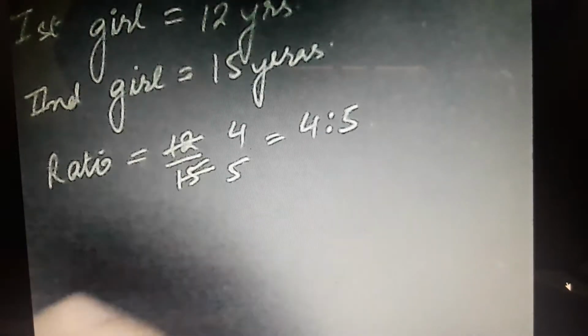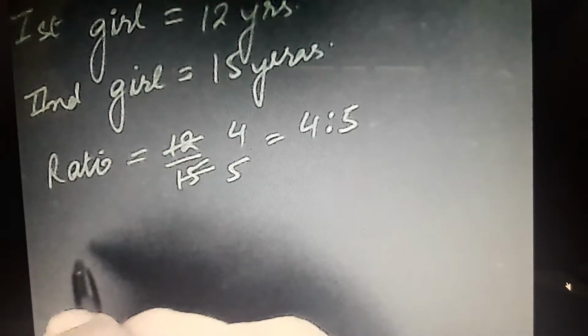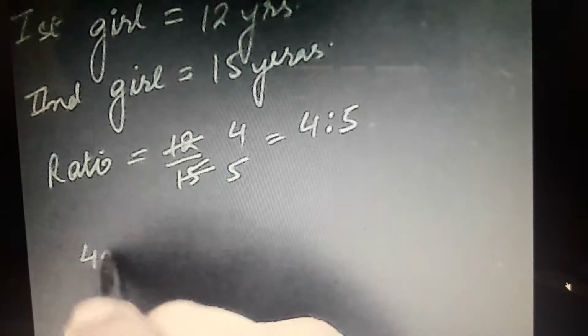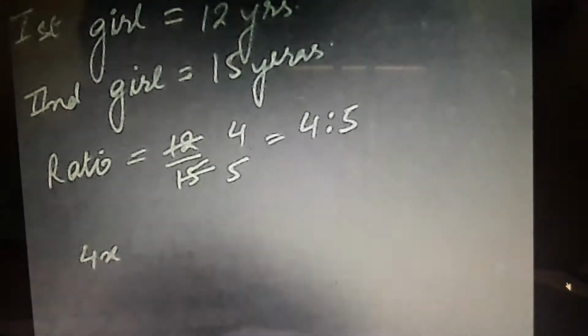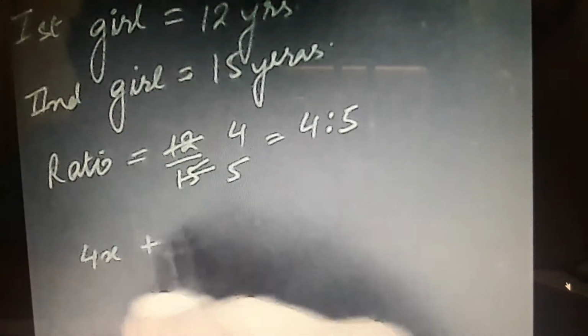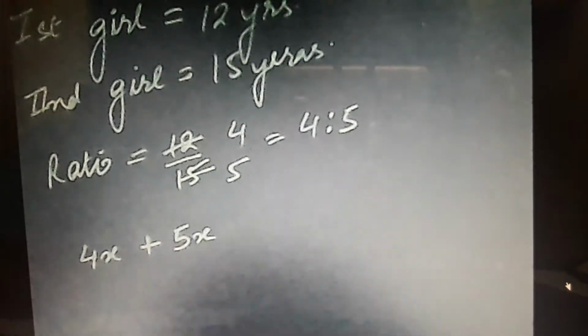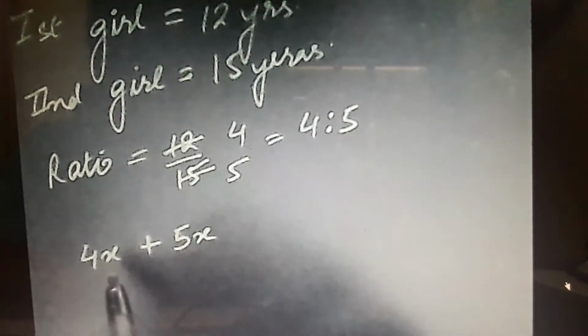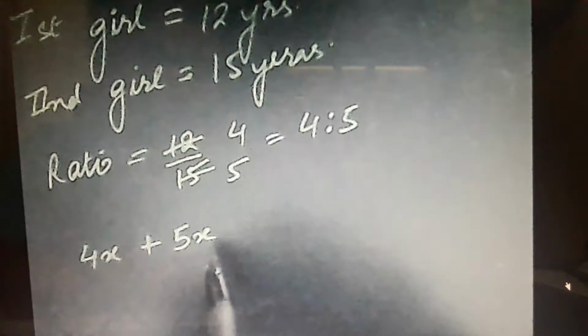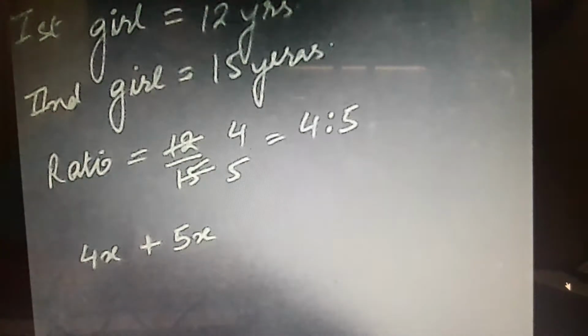So let's say the first girl may get 4x, and the second girl will get 5x. Of course, because if you divide 4x by 5x, you will get the ratio as 4 is to 5.